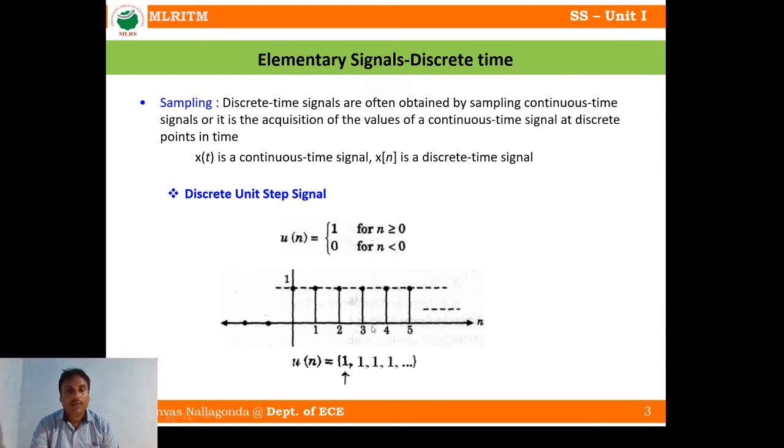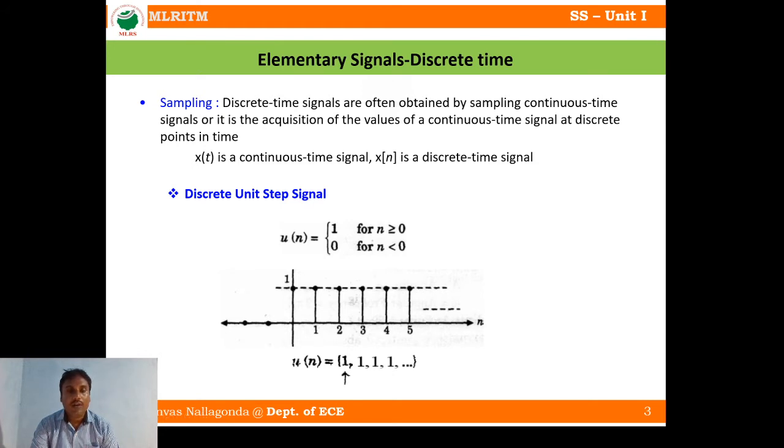Here, if you see the graphical representation, u of n is shown as a function of n, where n equals 1, 2, 3, 4, 5, the positive integer values, discrete time values. Because n is greater than or equal to 0, it is constant with amplitude 1. That's why it is a unit step signal.